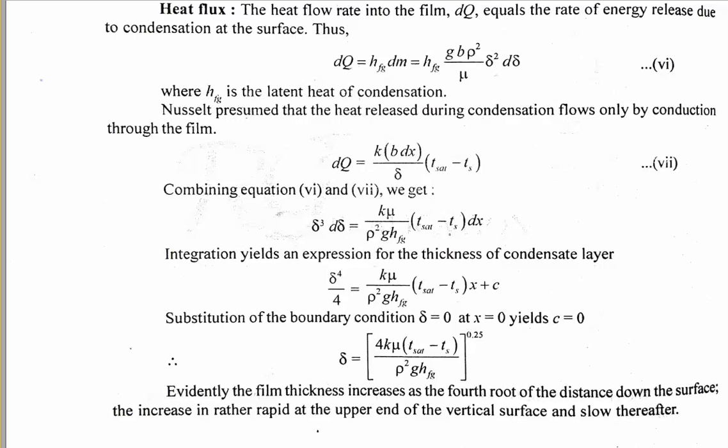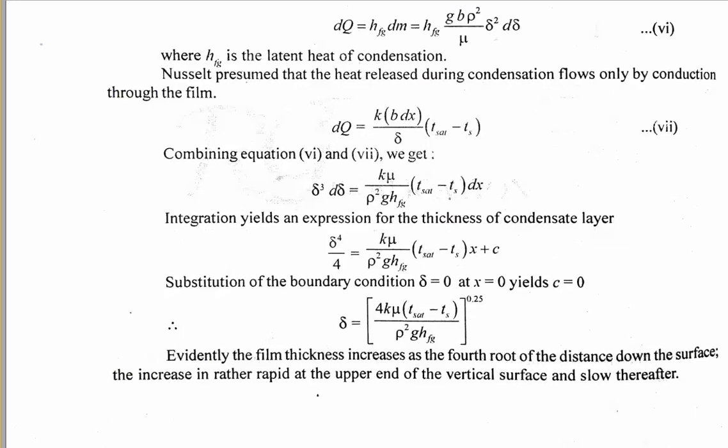Evidently, the film thickness increases as the fourth root of the distance down the surface, and increases rather rapidly at the upper end of the vertical surface and slowly thereafter.